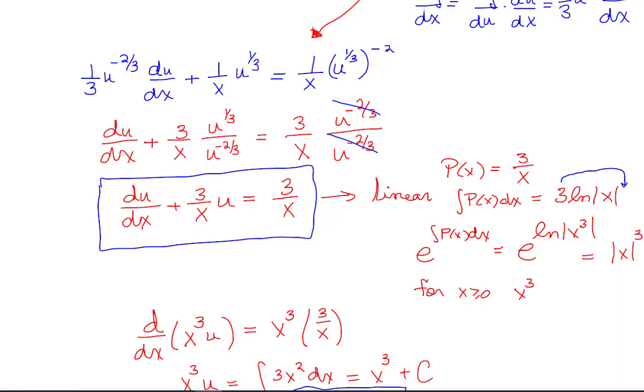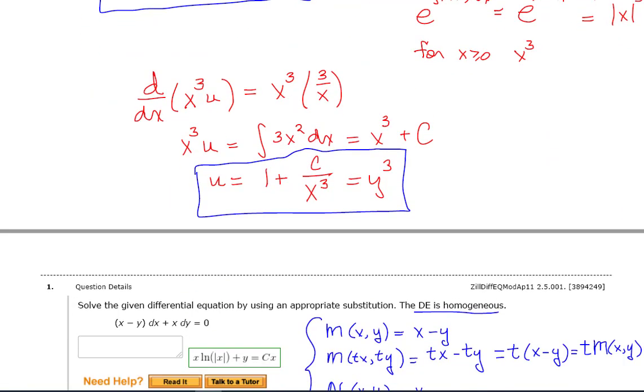All right, so with that, we recognize the left-hand side is the derivative of a product. I multiply both sides by my integrating factor. All right, and so I then get u is, once I integrate this, x cubed plus c, divide through everything by x cubed. And so u is 1 plus c over x cubed, but u was y cubed.